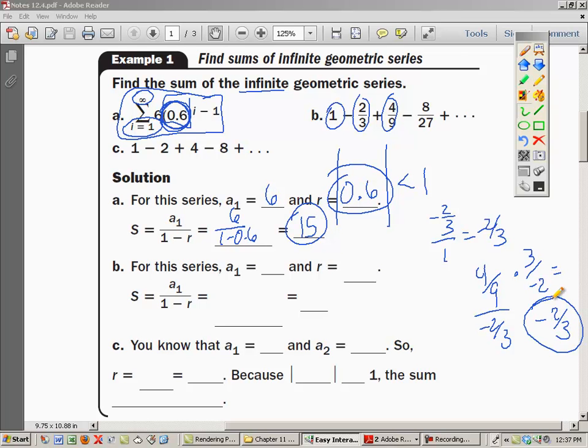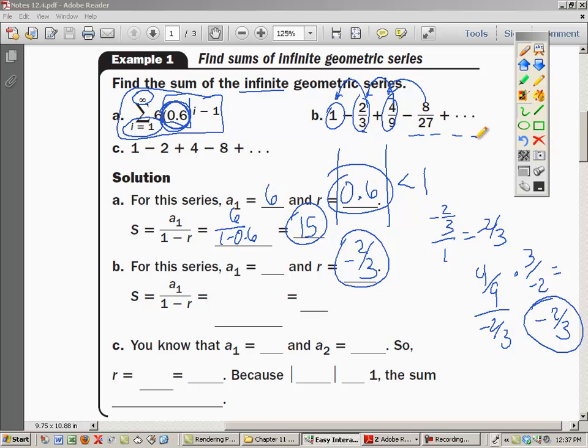So the common ratio here is negative 2/3. If I multiply 1 by negative 2/3, I get negative 2/3. I multiply negative 2/3 by negative 2/3, I get positive 4/9, and so on and so forth.